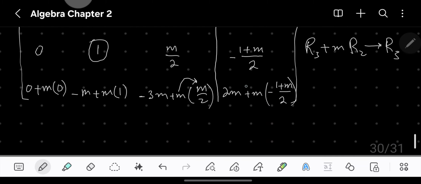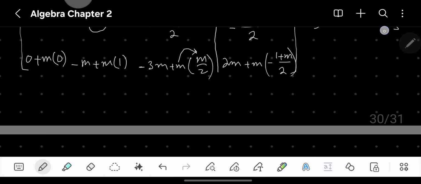And if I solve this one, let's check what will happen. 2m, this minus and this plus will become minus. So I will write minus m times this entry. M times, I will write m times 1 plus m by 2.